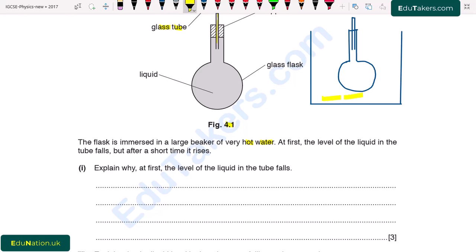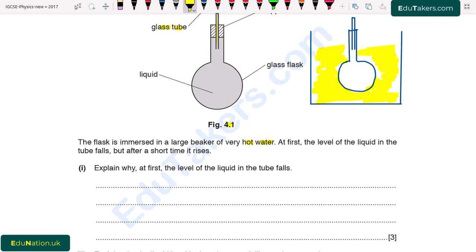So first of all, this beaker is full of hot water like this. And when I place the flask in this beaker, then what will happen? At first, the level of the liquid in the tube falls, but after some time it rises.